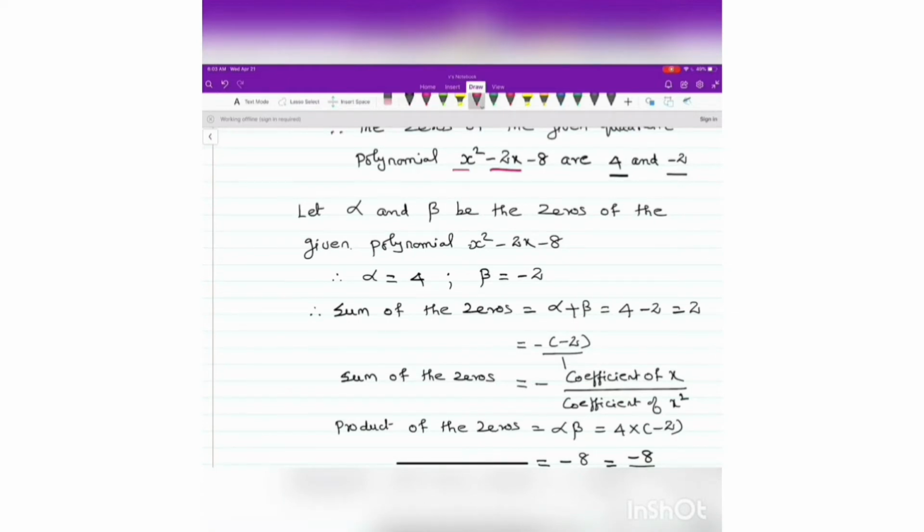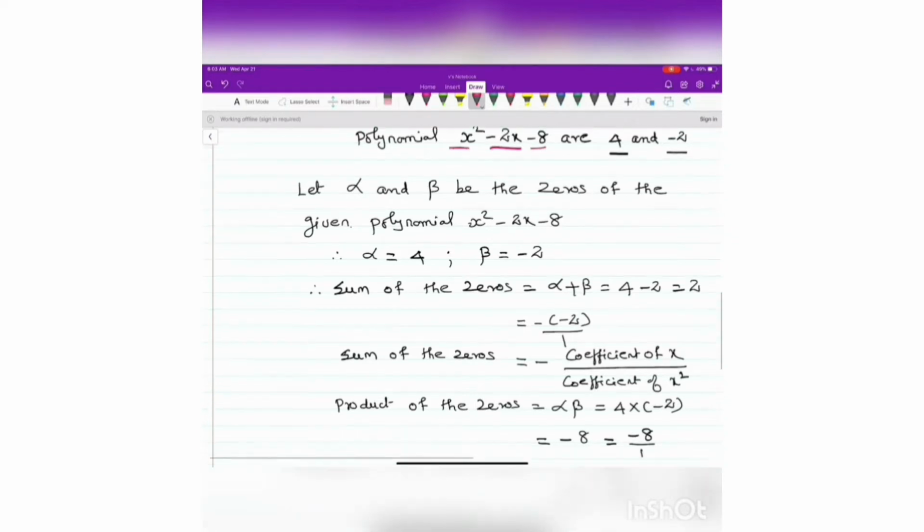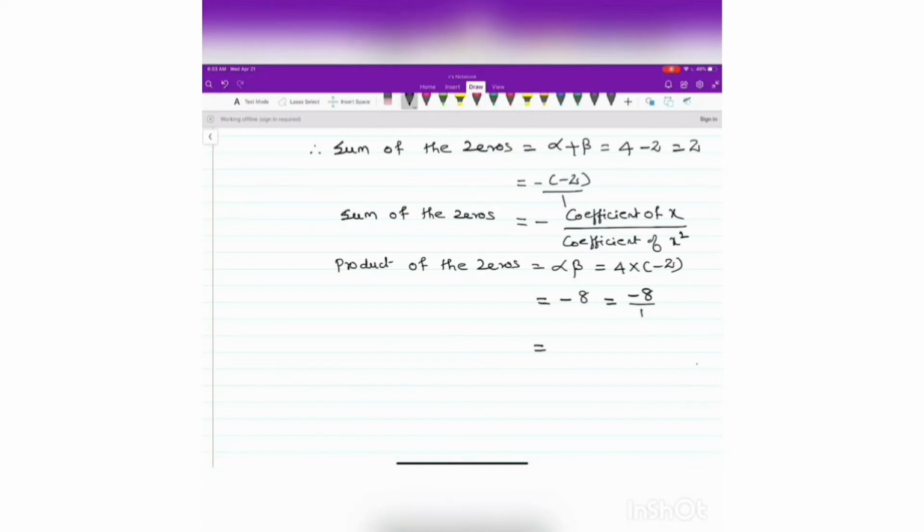Minus 8 is, see here, constant term. 1 is the coefficient of x square. So, I can write over here constant term by coefficient of x square.